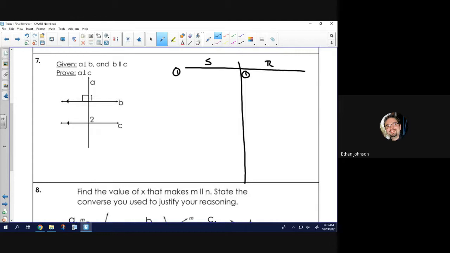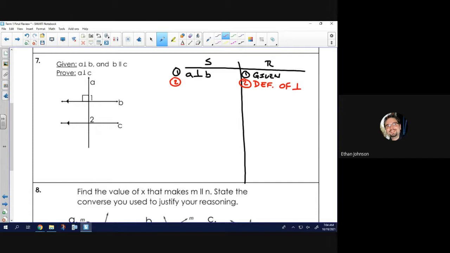Our first given statement says A upside down capital T B, or in other words, A is perpendicular to B. So, looking at your given, do we have a vocab word? In this case, we do. We have perpendicular. So I know my next reason is definition of perpendicular.